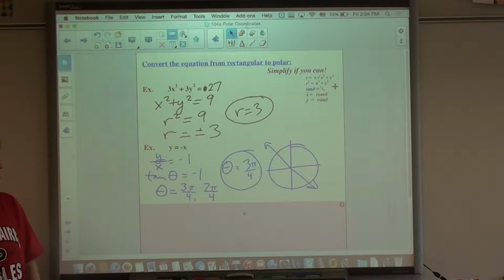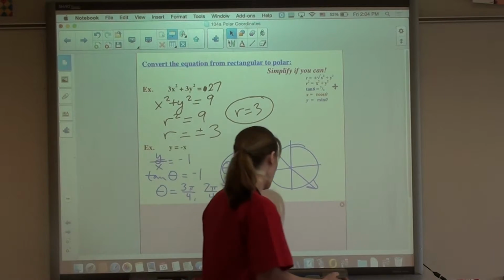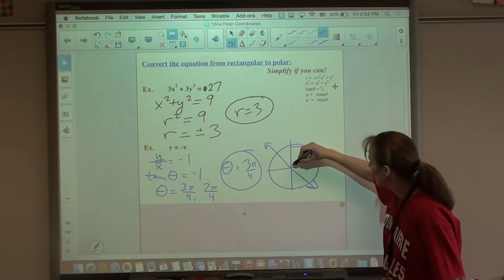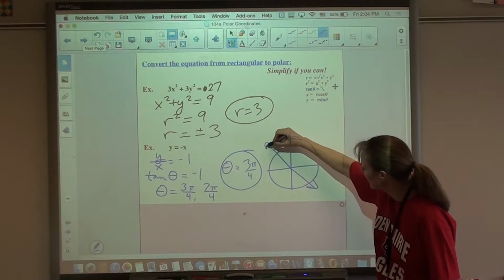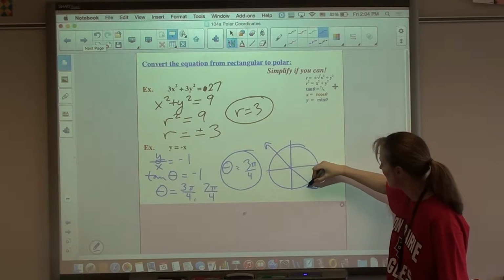You get theta equals 3 pi fourths or theta equals 7 pi fourths. If you graph theta is 3 pi fourths, that means the r is irrelevant, the angle is just always 3 pi fourths, right? So when you graph theta is 3 pi fourths, it's easy to think it's just this part, and then 7 pi fourths would be this.